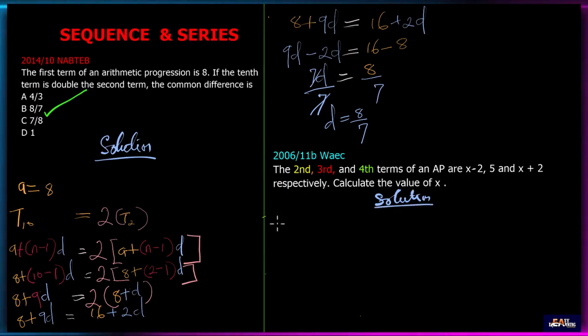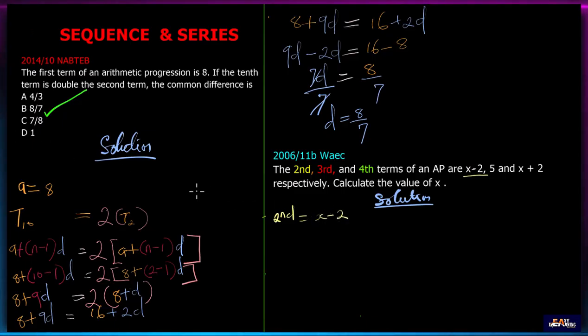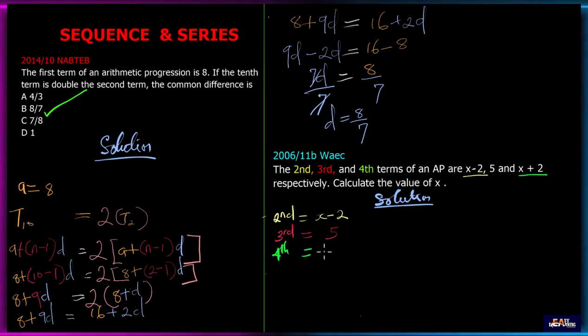All right, so we're told that the second term is x minus 2. The third term is equal to 5, and of course the fourth term is x plus 2.